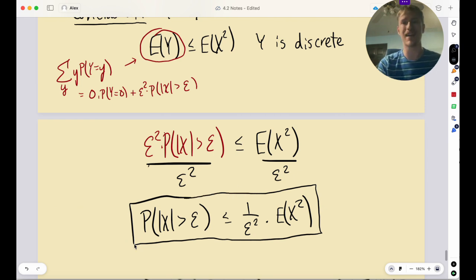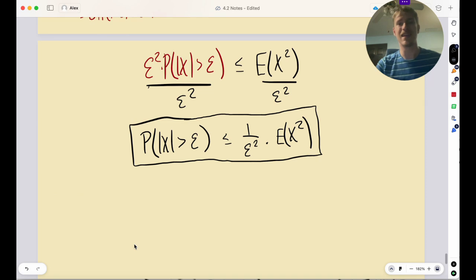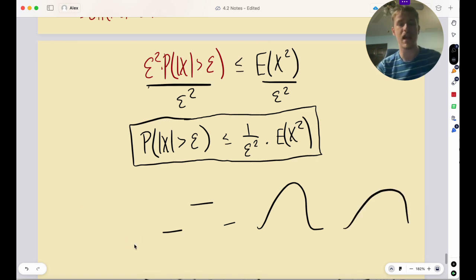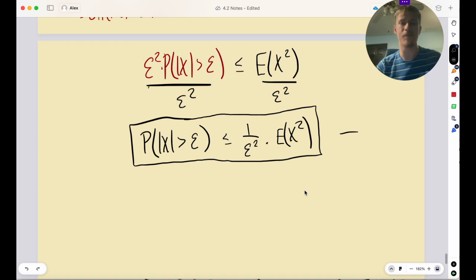A couple of comments that I'd like to make about this. In general, think about all the different kinds of distributions. I know we haven't talked about a lot of them, but we have the uniform distribution and the Gaussian normal distribution. We have ones that are curved. If this inequality works for all of them, it's actually not very good in practice.